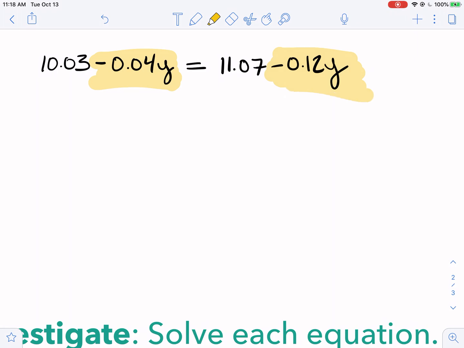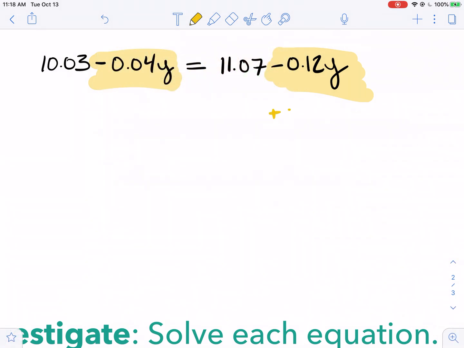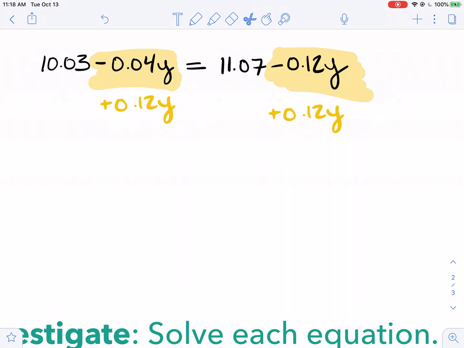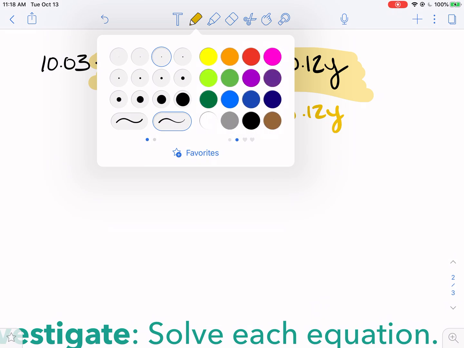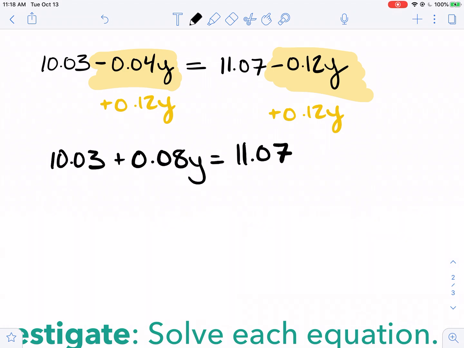Now I like to deal with positive numbers, so I am going to add 0.12y to both sides. I could have added 0.04y to both sides, but then I would still have a negative. So it doesn't matter which one you do as long as you do the same thing on both sides. So we have 10.03 plus 0.08y equals 11.07.